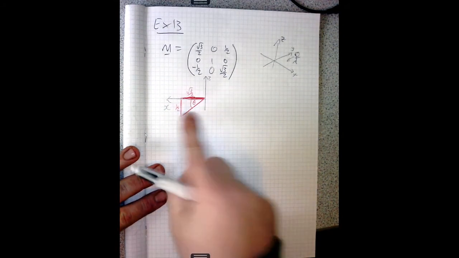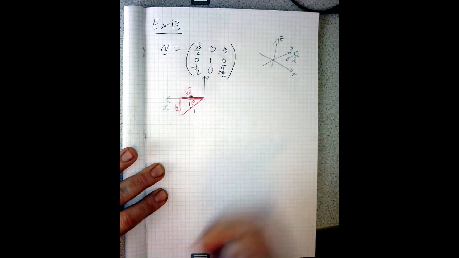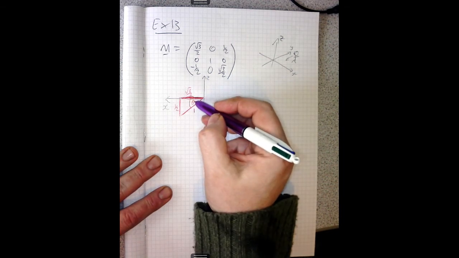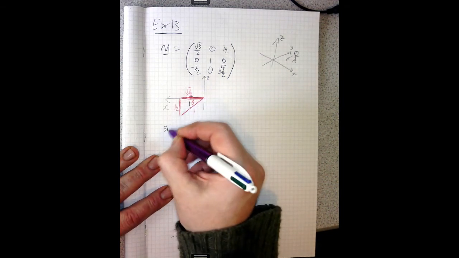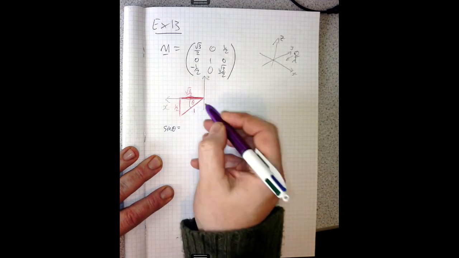So it's gone down, let's enlarge it a bit. It's gone down here. So there's my theta. My z component is half in the negative z direction. My horizontal component is root 3 over 2. And I know that that's 1.